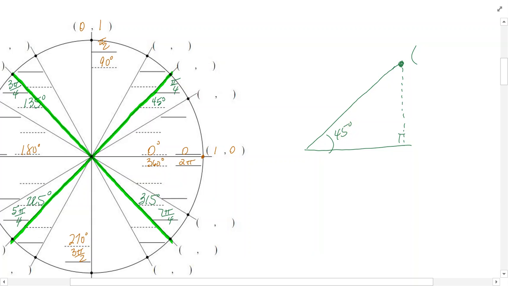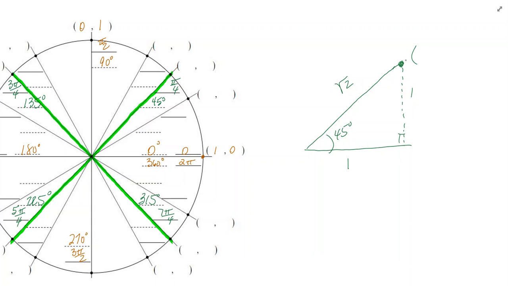We know from previously that if this is 45, this up here also has to be 45. And because of that, the hypotenuse of any right triangle that's 45, 45, 90 has to be a radius of square root of 2, because it's 1, 1, square root of 2.